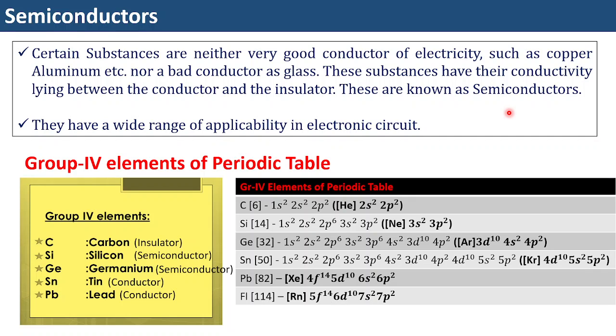For example, we know semi-classical, something which is not purely classical and not completely modern, somewhere in between. So that is semi-classical. So here also, something which is not a very good conductor or an insulator, where the conductivity lies in between, is known as a semiconductor. Semiconductors have a wide range of applicability in electronic circuits.